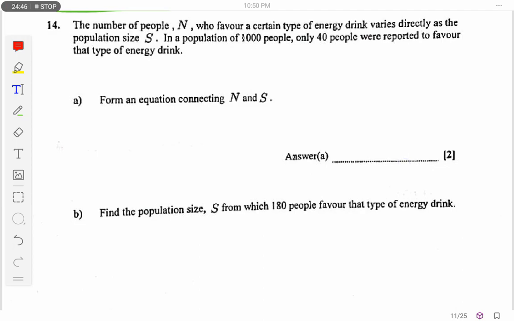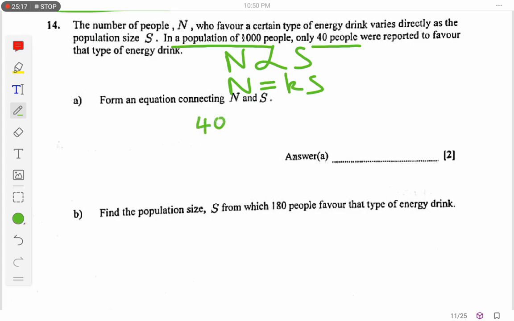Okay, so the number of people n who favor a certain type of energy drink varies directly as the population size s. So we can say n varies directly as s, and we introduce a constant, so n is equal to ks. Then we are given the n and also the s, so we can calculate the value of k. We have 40 is equal to k times 1000, divide by 1000 both sides.